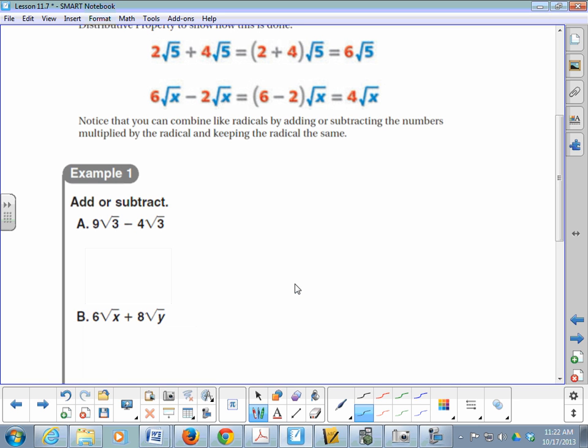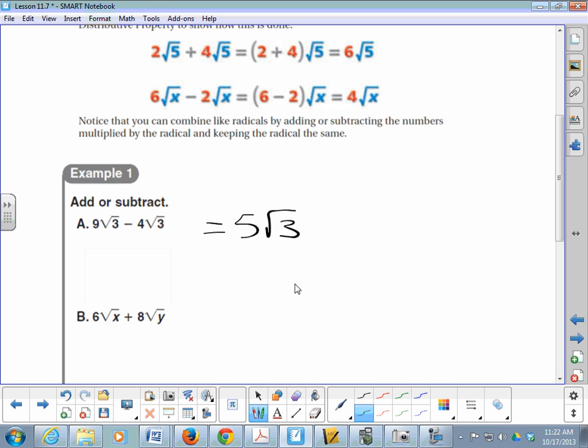All right, so Sammy, using your extraordinary knowledge, what's the answer to letter A? 5 square root of 3. That's extraordinary. Good job.